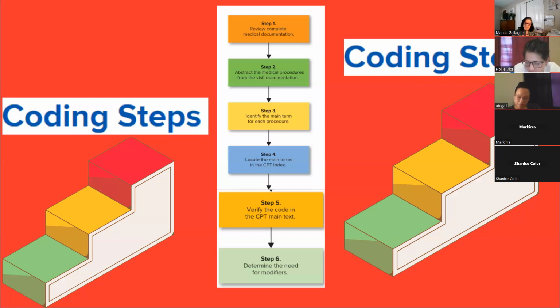3, you need to identify the main terms for the procedure. 4, locate the main terms in your index. 5, verify the code in the CPT main text. And then 6, determine if it needs a modifier. Now, modifiers we're going to go over in the next couple of chapters, but that is our correct coding steps for CPT coding. Do we always just look at the index and get a code and quit?